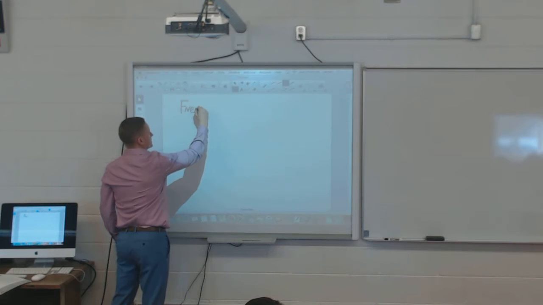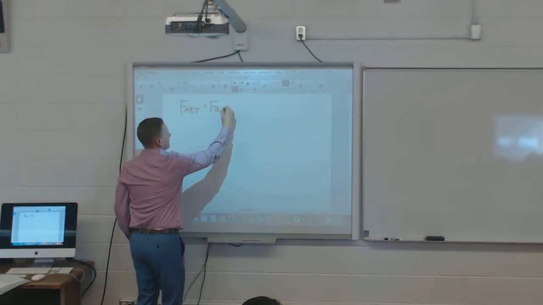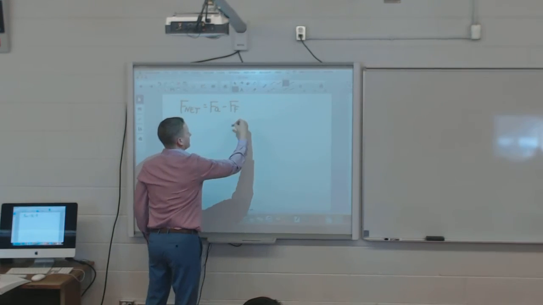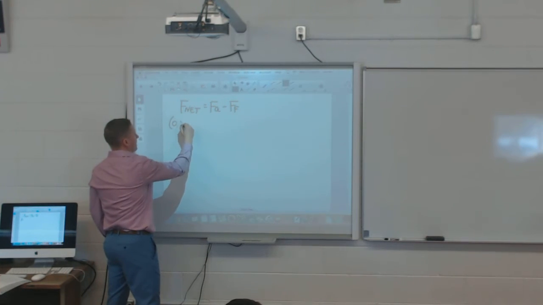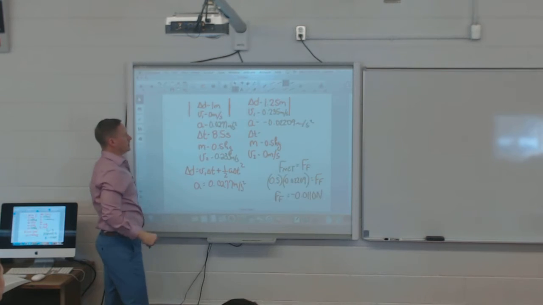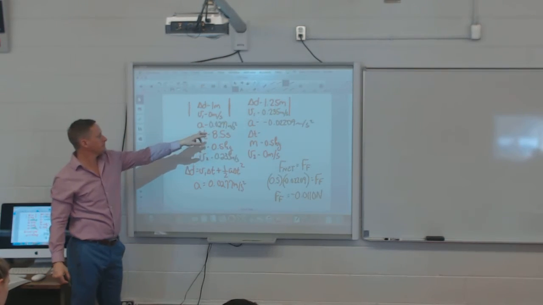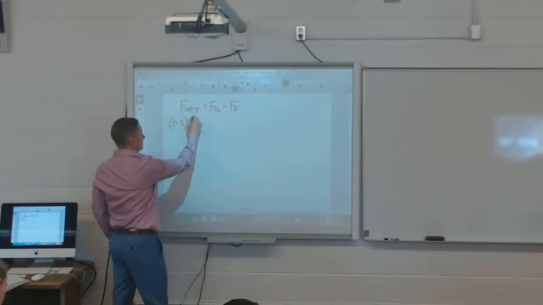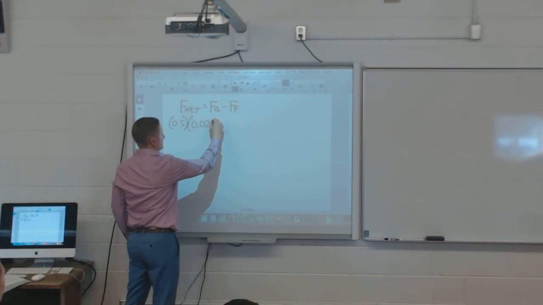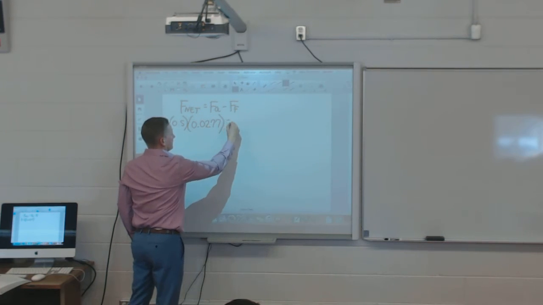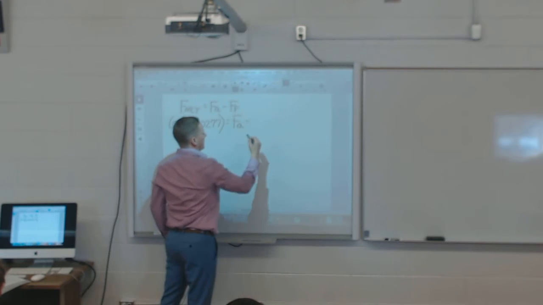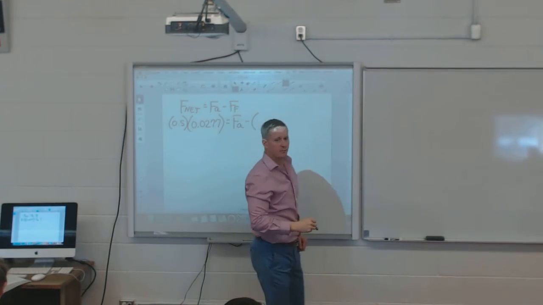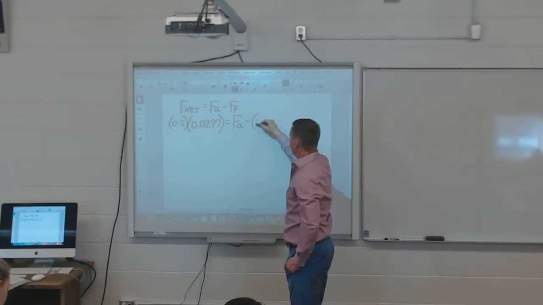Force net equals force applied minus force of friction. I have 0.5. What was my acceleration in the first part? 0.0277. Equals my force applied minus my force of friction. What was the force of friction? 0.0110.